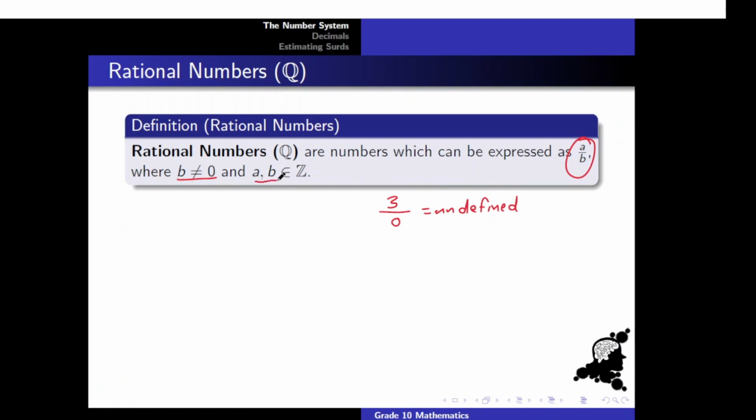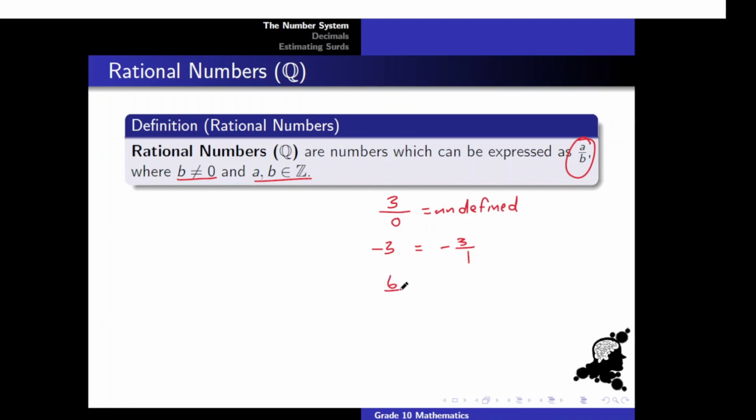We are also saying that a and b are elements of integers, meaning my numerator and my denominator must be integers. So if I have, for example, negative 3, this is a rational number because I can write it as a fraction, negative 3 divided by 1. My numerator is an integer, my denominator is an integer, therefore this is a rational number.